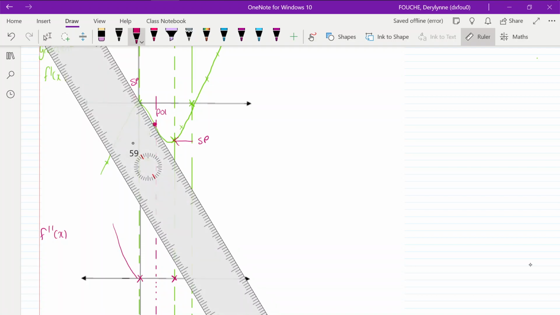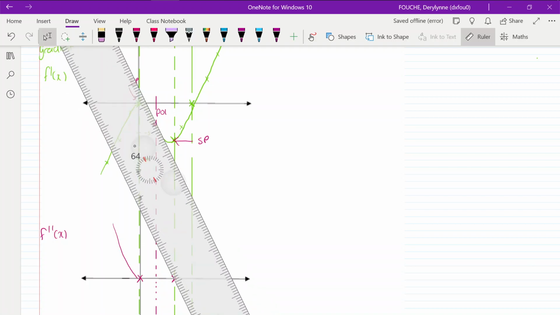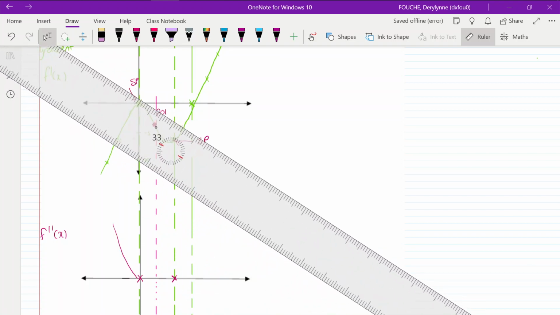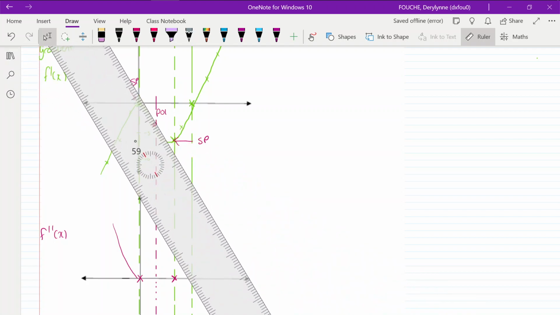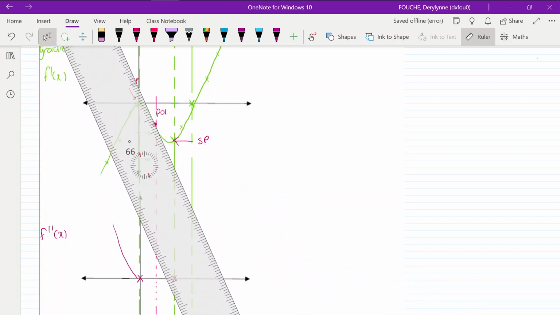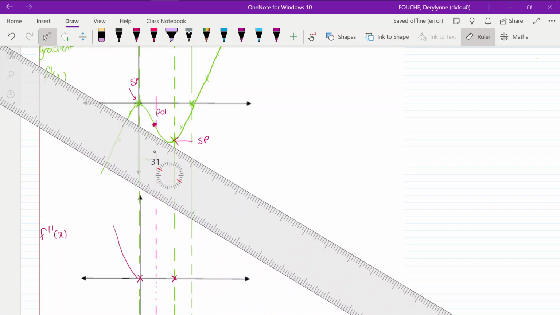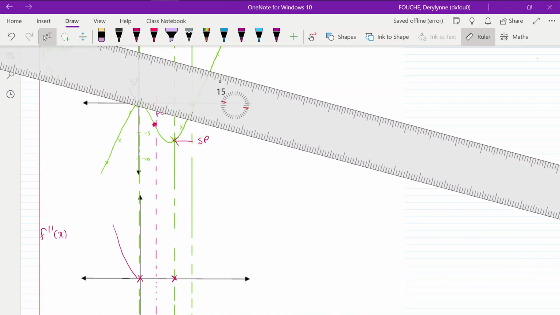Okay, so this is the most negative point. So maybe I was going from a gradient of -2, -4, -6, -4, -2, 0. So at my point of inflection will be my most negative. My point of inflection is my maximum rate of change.